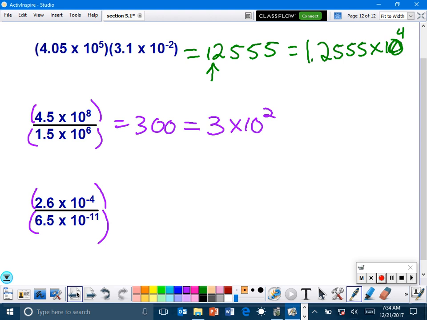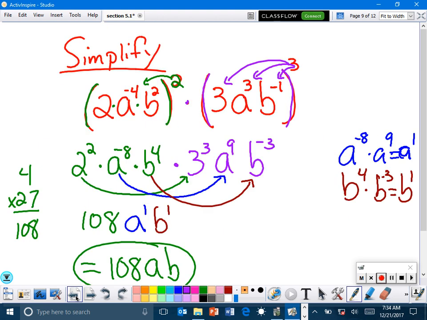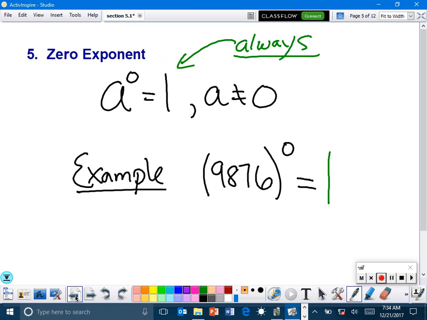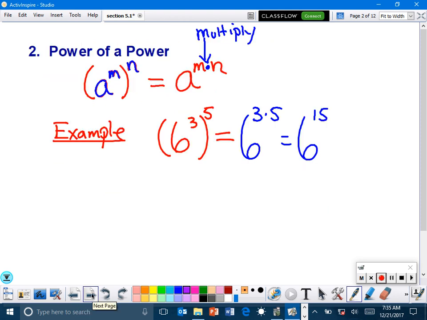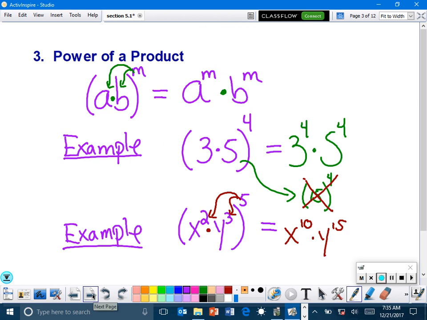All right, so I'm going to do a quick recap. Product of a power, we add exponents. Power of a power, one base, two exponents, we multiply the exponents.